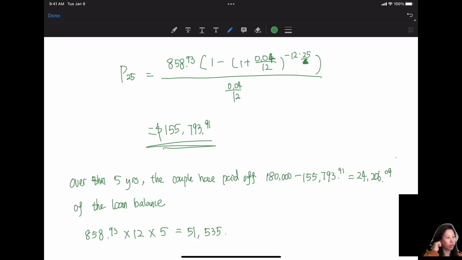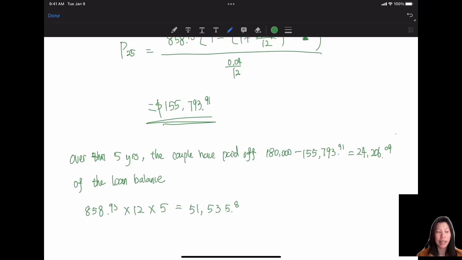Did I do this right? No. Let me use a calculator. Yeah, I think I did this right. It's $51,535.08. That's how much they pay.